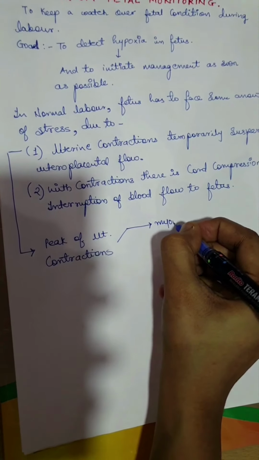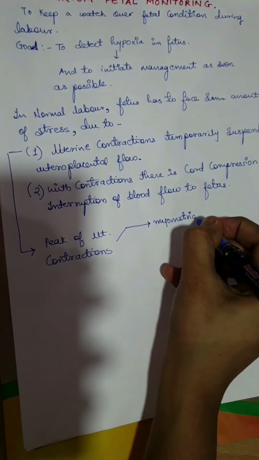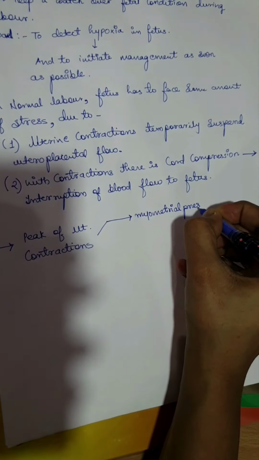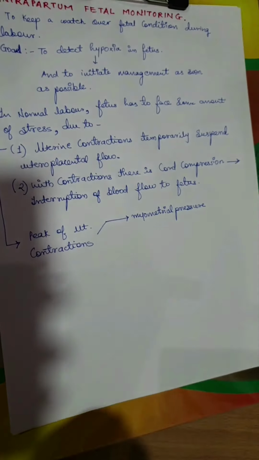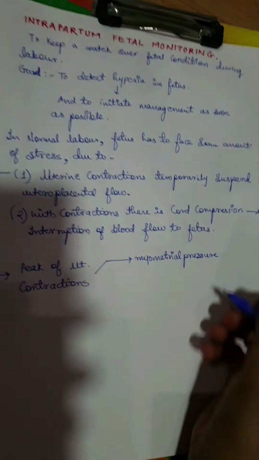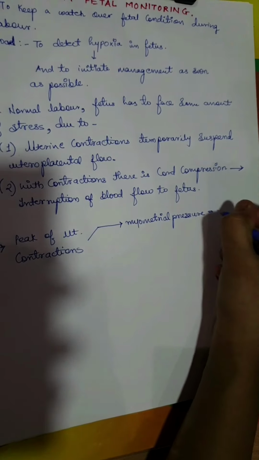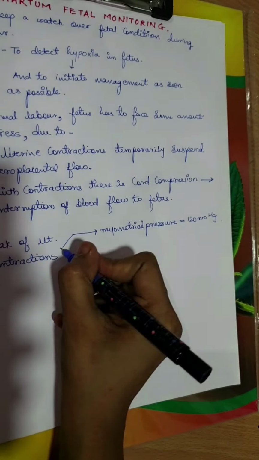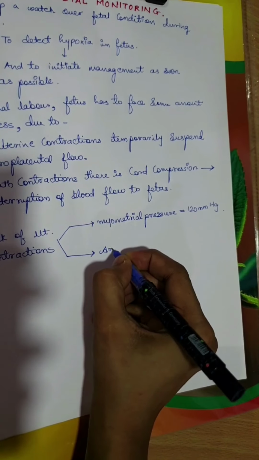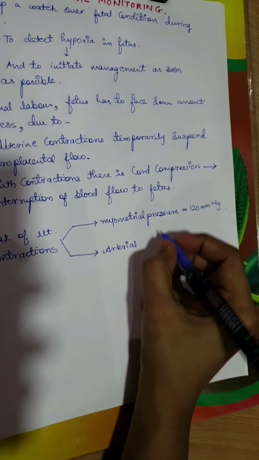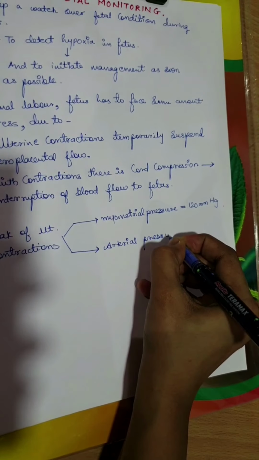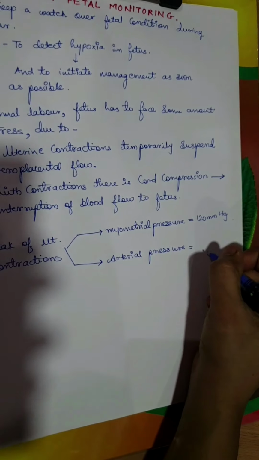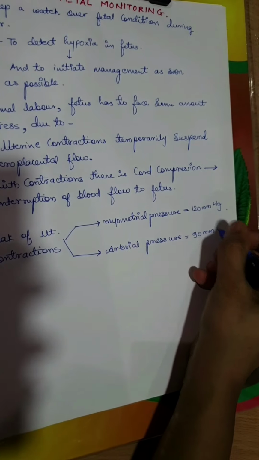Firstly, the myometrial pressure, the pressure that is formed in the myometrium, becomes 120 mm of Hg, whereas the arterial pressure becomes 90 mm of Hg.